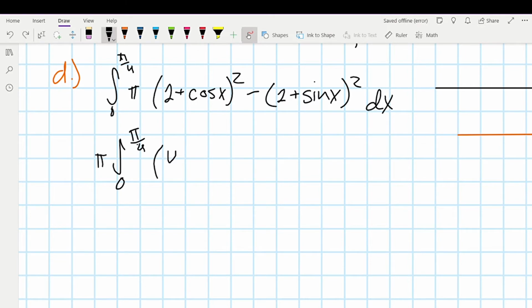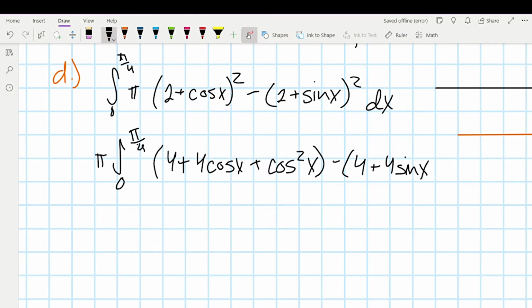So I'm going to write 4 plus 4 cosine x plus cosine squared x minus 4 plus 4 sine x plus sine squared x dx.